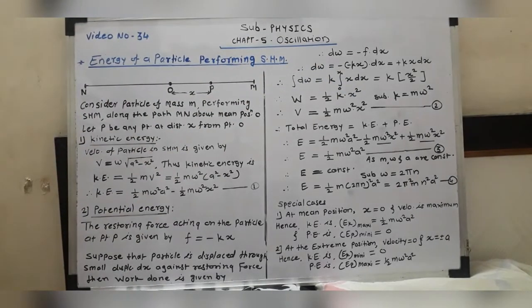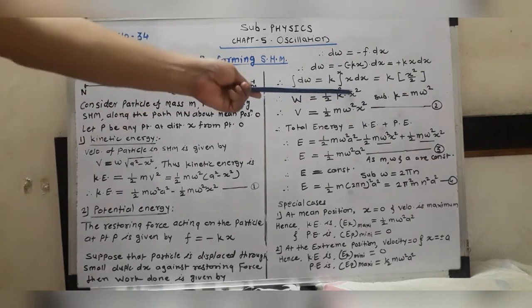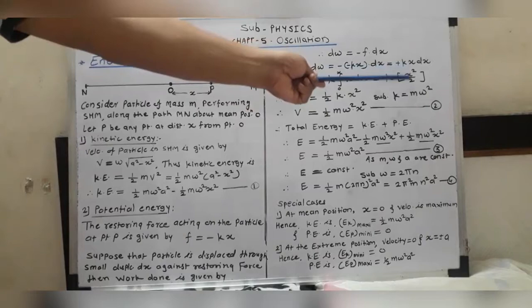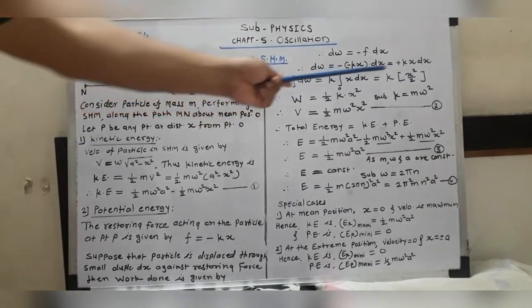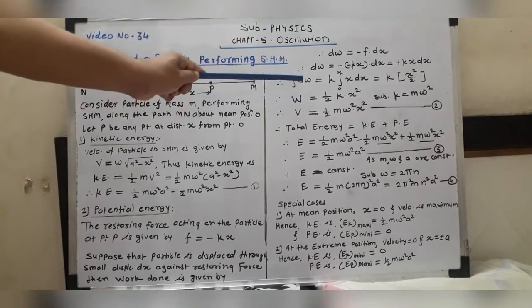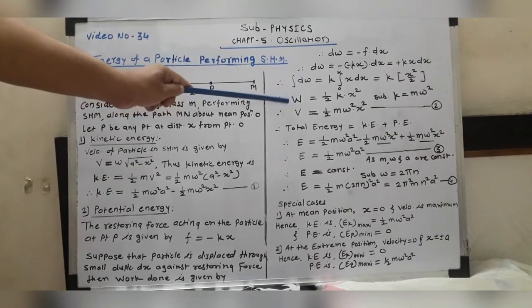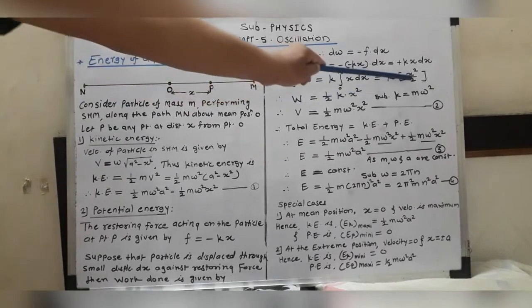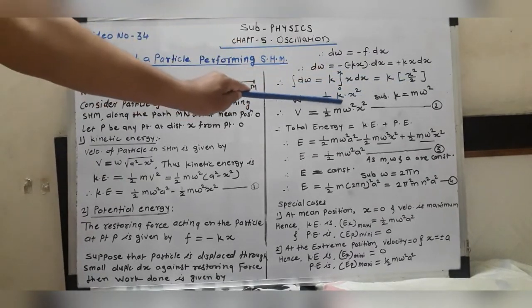We know the formula for integration: integration of x raised to n dx is x raised to n plus 1 upon n plus 1. So we can directly write k as a constant, and integration of x dx is x square by 2, substituting the limits 0 to x. Therefore, integration of dW, that is W, is equal to 1/2 k x square.